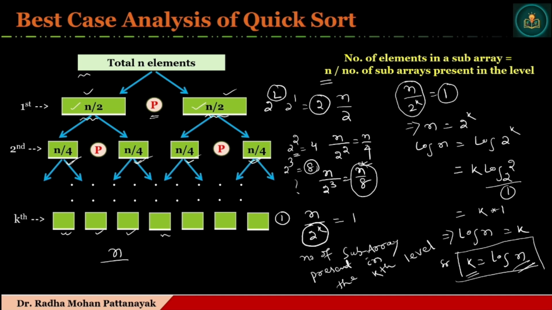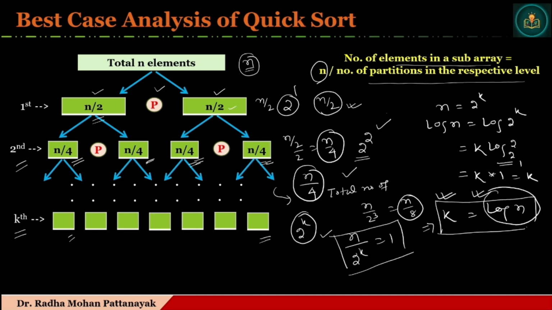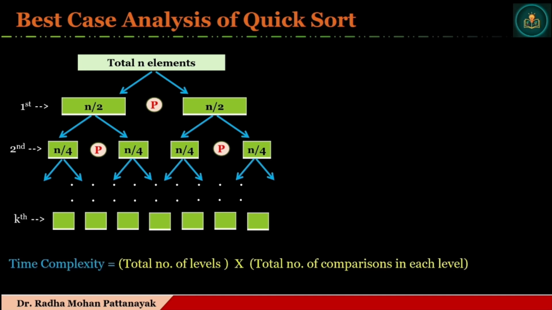I hope you understood. Now we will calculate the analysis part. See here, how many levels did we require? Log n levels, right? To stop the partitions. Now we'll discuss the time complexity of quicksort. We can find the time complexity by calculating the total number of levels multiplied by the total number of comparisons in each level.